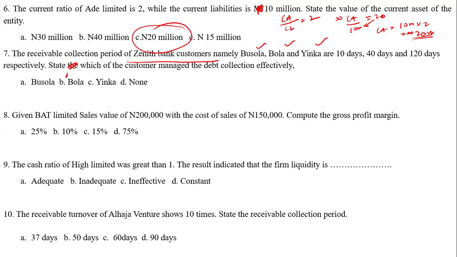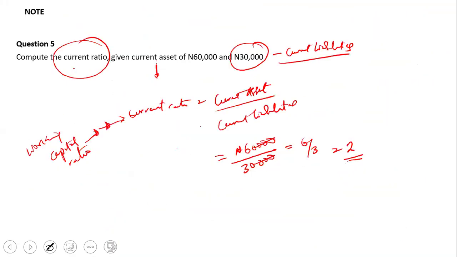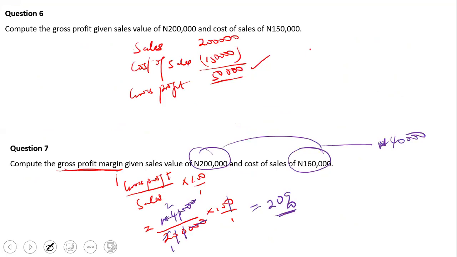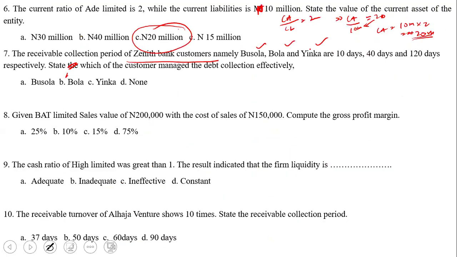Remember, we said this in the class, and I can still remember that question that we did. We're talking about receivable collection period. We said the shorter. So which one is the shorter or the shortest? Here, in this case, we have 3 situations. Looking at this, the best is what? The first one, Busola. So that is the best receivable.